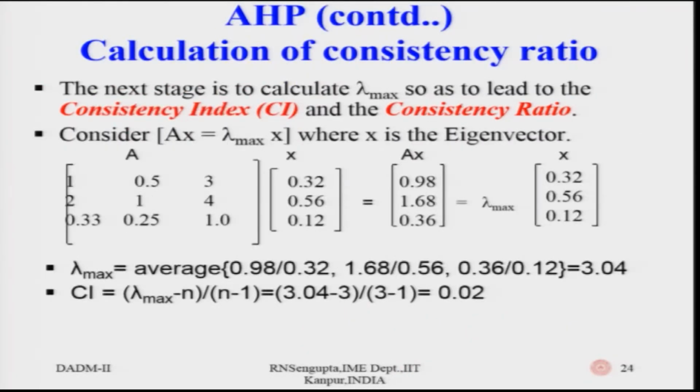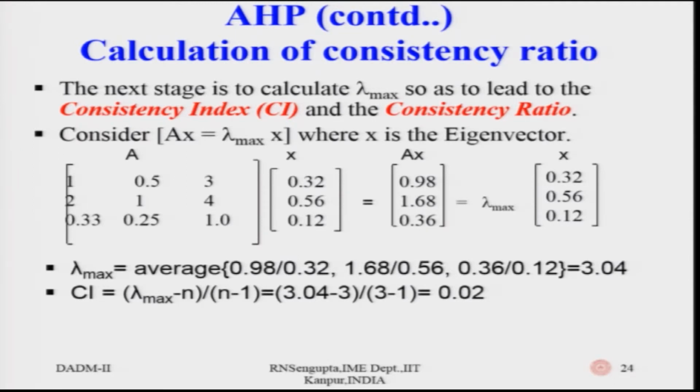The next stage, once we do this ranking of the priorities and find out the priority vectors, is to calculate the lambda max, so as to lead to the consistency index, compare that with the consistency ratio and make decisions accordingly.